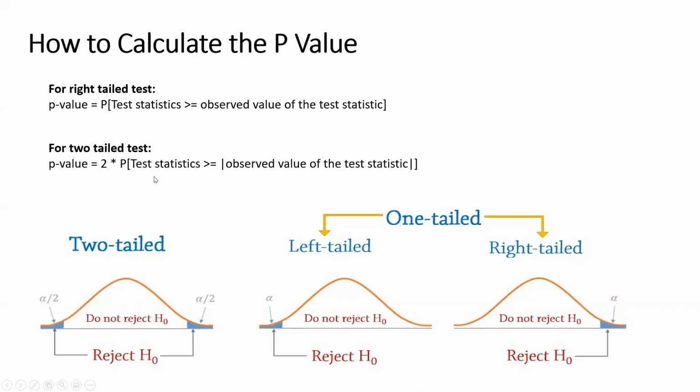So we just take the value on one side and multiply it by 2 to get the p-value on both sides. This is how we calculate it, but we don't have to worry about calculating the p-value these days. These things are automatically given by all the statistical software or tools we use. Even Excel is capable of doing that. So this is how to calculate the p-value.